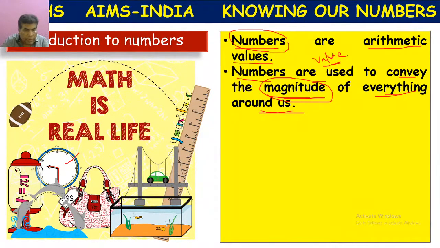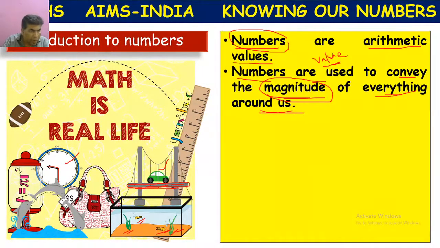Or here the car is moving on the bridge. If I want to tell with what speed it is moving, then I have to take the help of numbers. What is the length of this bridge? For conveying that value, I have to take the help of numbers. Number of fish or number of plants in this aquarium, we have to tell with the help of numbers.